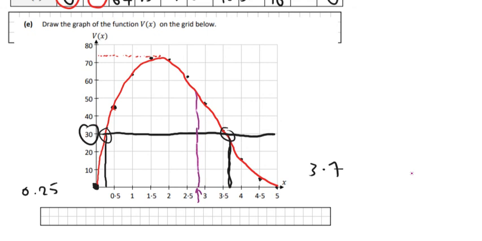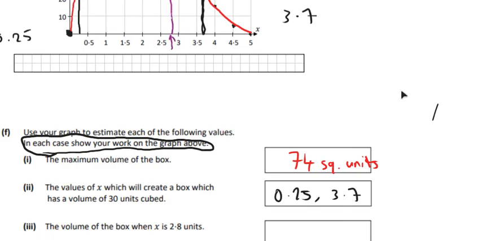For me, it's hitting it about there. So let's draw across. Nice, the line straightens out. So it's kind of maybe 54 there. Yeah, I'm getting about 54. So I'm going to give my answer as 54 square units.